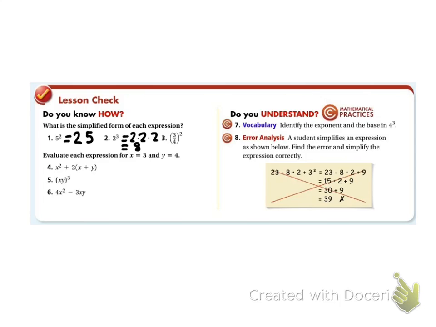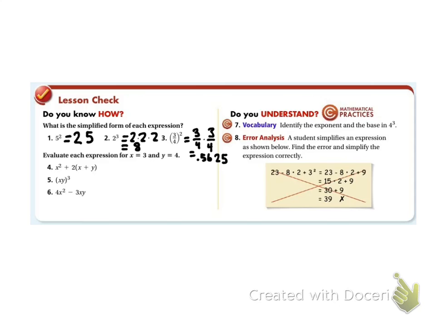And 3/4 squared is the same thing as 3/4 times 3/4, which is equal to 0.5625. I'm just plugging those into my calculator.